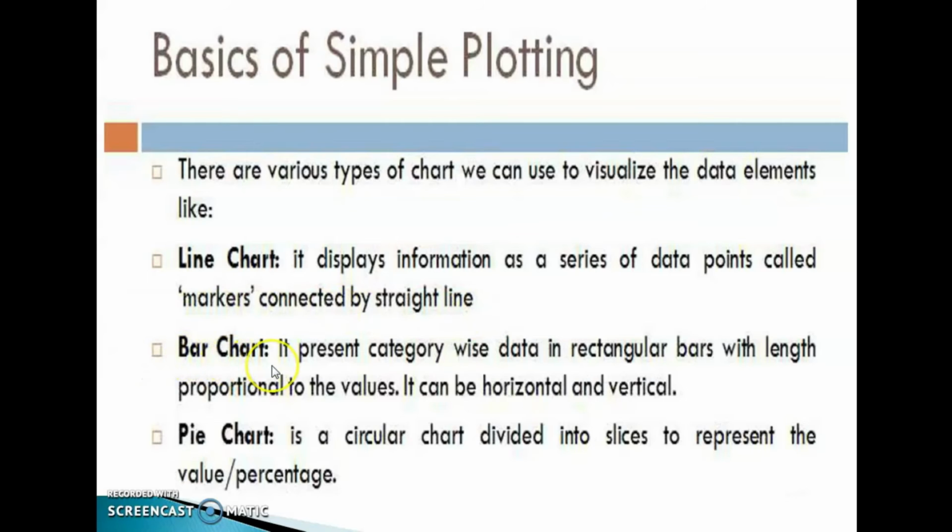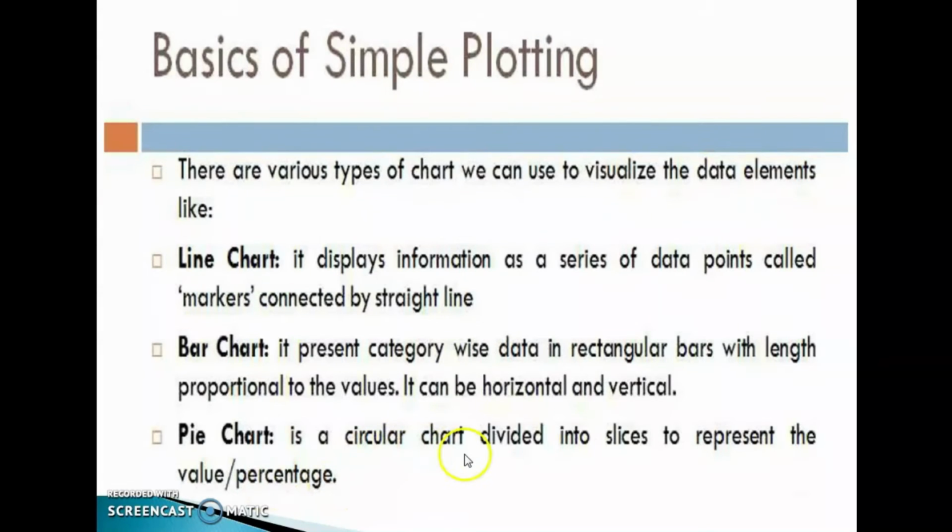Then what is a bar chart? It presents category-wise data in rectangular bars with length proportional to the values. It can be horizontal or vertical. Then what is a pie chart?